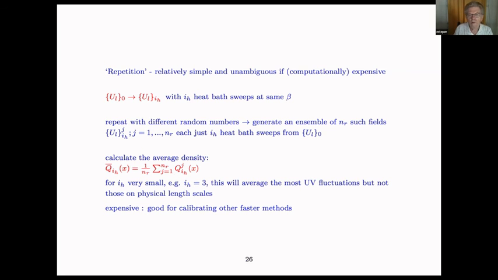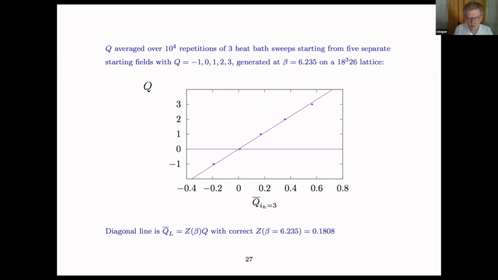First of all, I don't show you the density, I just show you the average topological charge. So I've taken, in SU3, I've generated 5 fields with different topological charges. These are the topological charges that you find after 20 cooling sweeps. So I've got these 5 different fields, which were originally generated at 6.235 on this lattice.